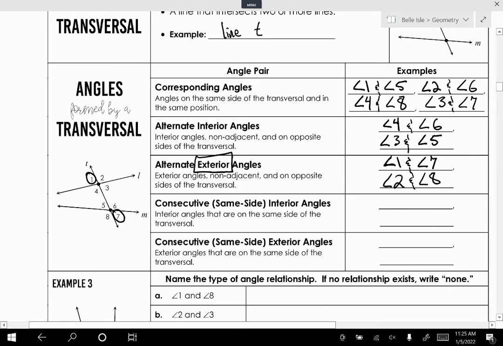And then Oliver told us the one for angle 2 and angle 8.